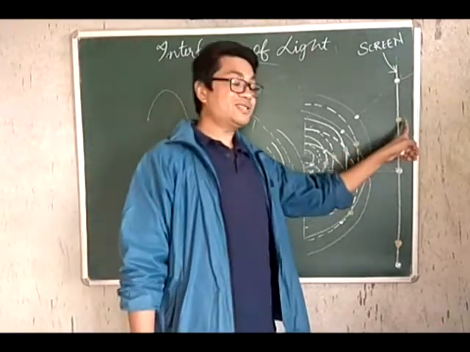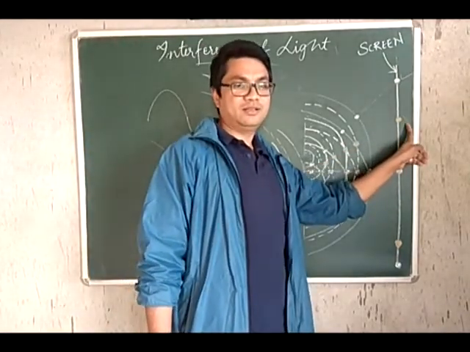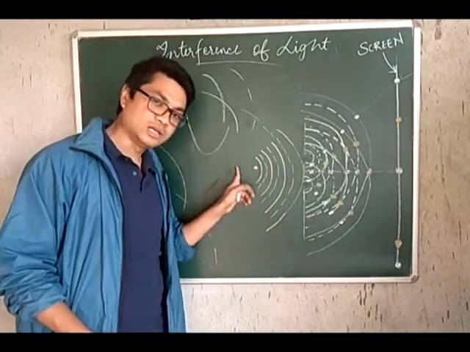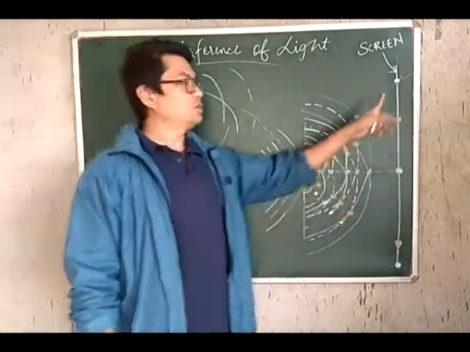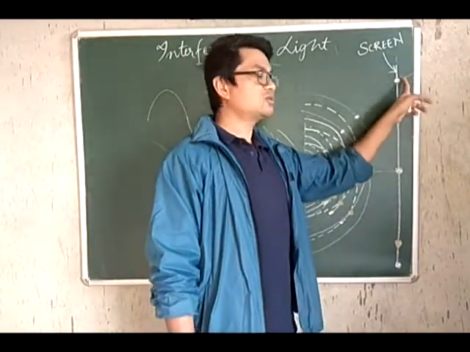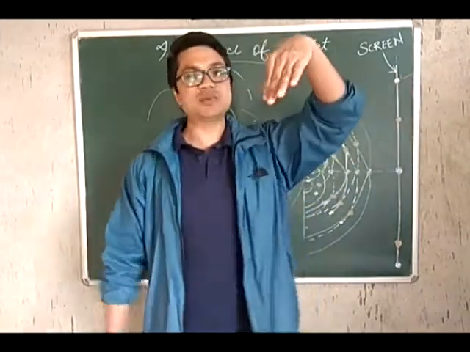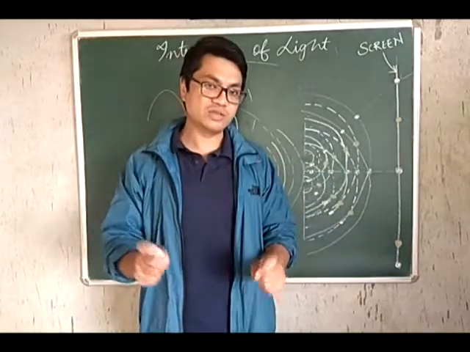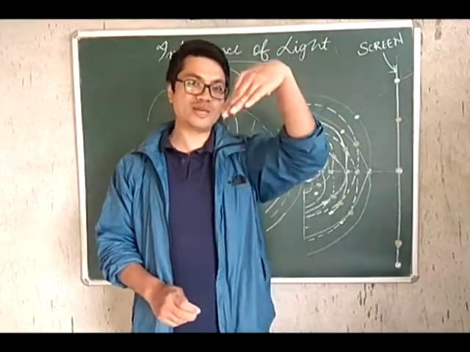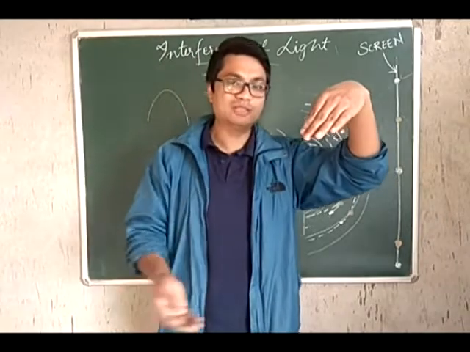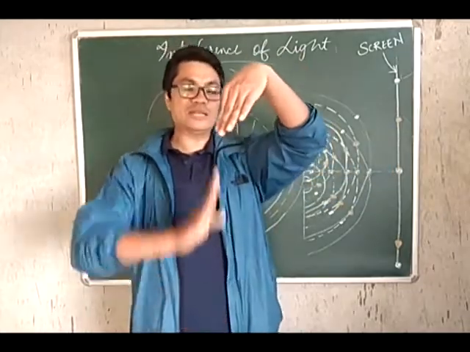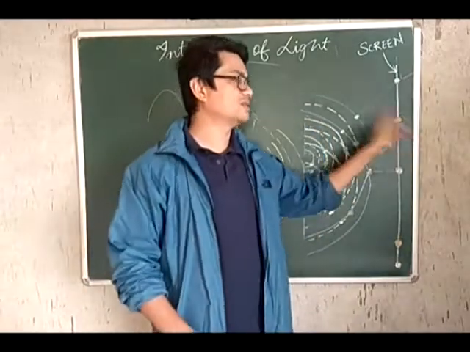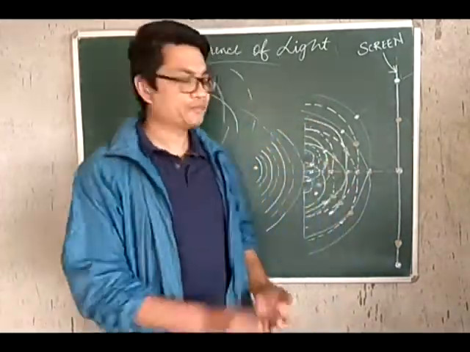Whereas we get destructive interference, a 0, at points wherever a crest meets a trough. So you need to understand this very clearly. Destructive interference means the opposite: a crest meeting a trough. So wherever a crest meets a trough, we get destructive interference.